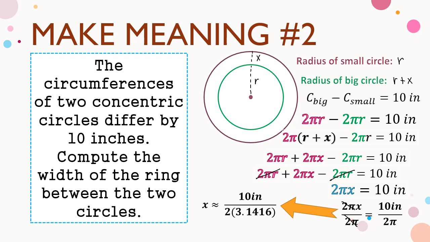Then I already substituted the approximate value for pi that we are using, which is 3.1416, so 2 times 3.1416, and the product of that will divide 10 inches, and there we would have x approximately equal to 1.59 inches. This would be our final answer for this problem. So again, round off your answer to the nearest hundredths place.